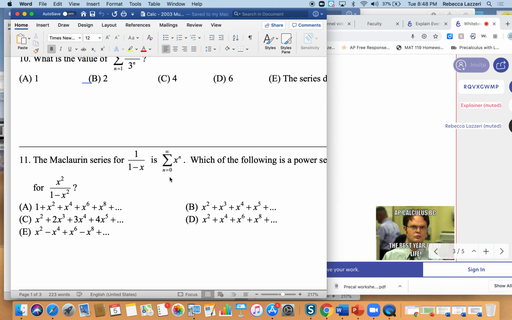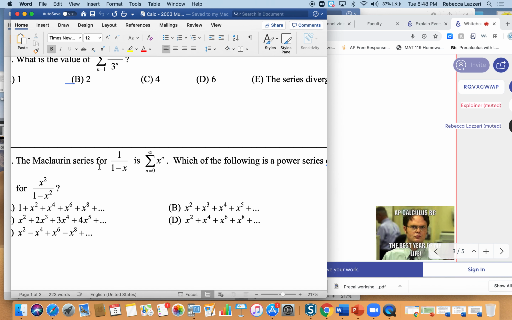Okay, so the Maclaurin series for 1 over 1 minus x. Somebody took this function and wrote a polynomial for it, and they tell me straight out that it is built by this. So remember, to build this Maclaurin or Taylor polynomial, somebody would have had to find f of 0, then f prime of 0, then f double prime of 0, and f triple prime of 0.